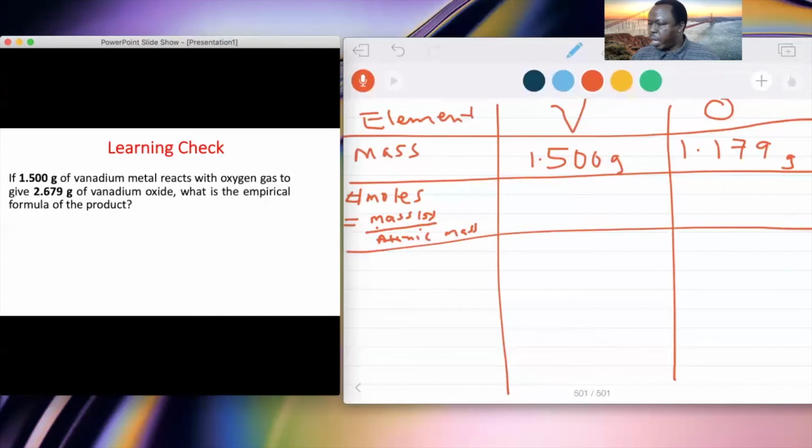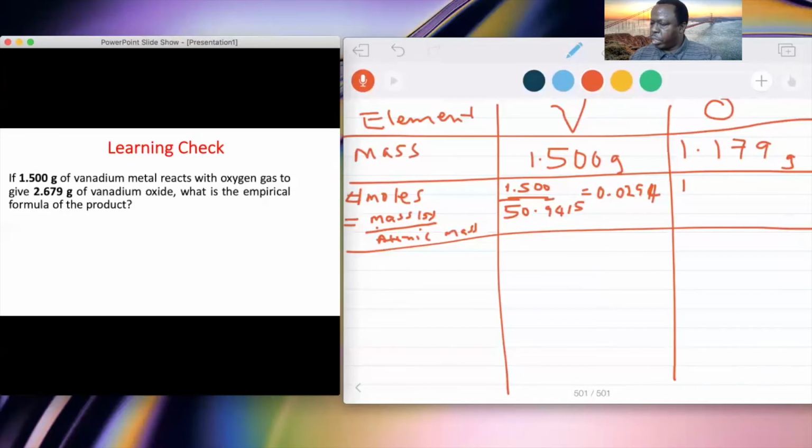So if I divide 1.500 over 50.9415, this is from the periodic table, this gives me 0.0294. This is the number of moles of vanadium.